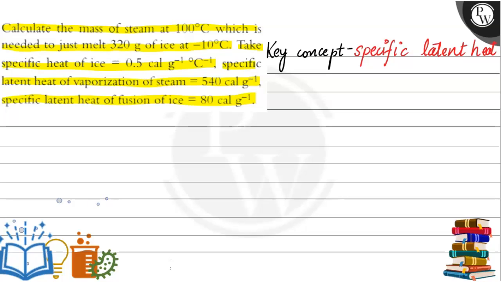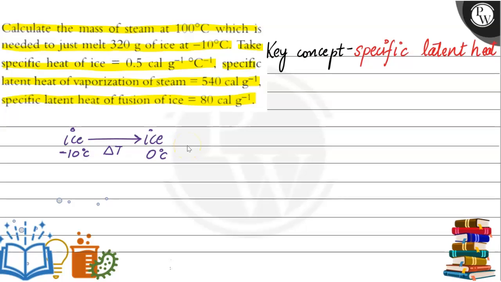degrees Celsius. So ice from temperature minus 10 degrees Celsius first absorbs heat to get at the temperature 0 degrees Celsius. There will be a change in temperature.